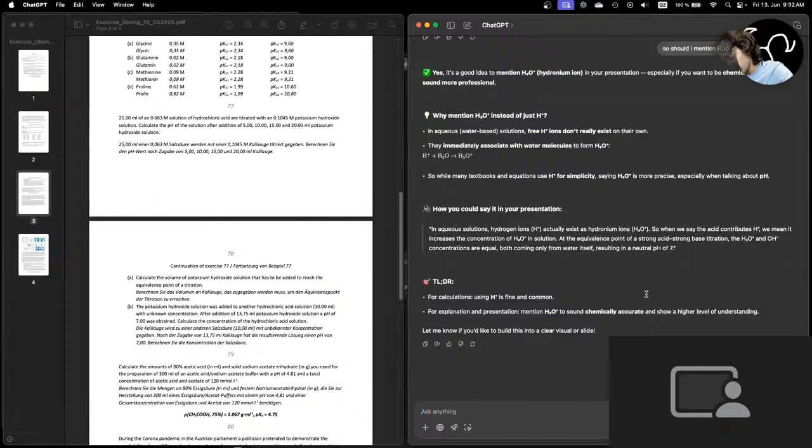At equivalence point, the concentration of hydronium ion equals the concentration of hydroxide ion.